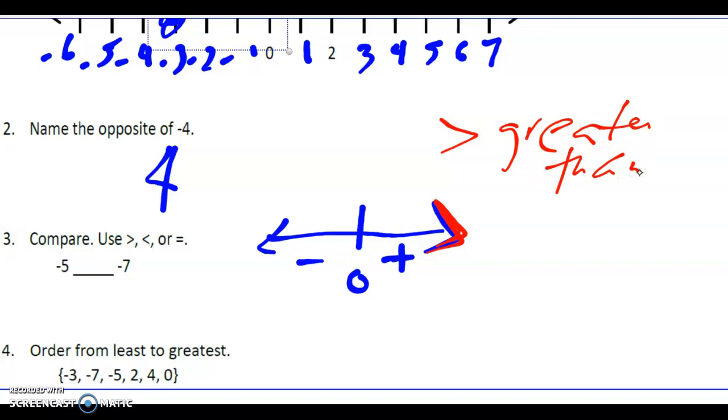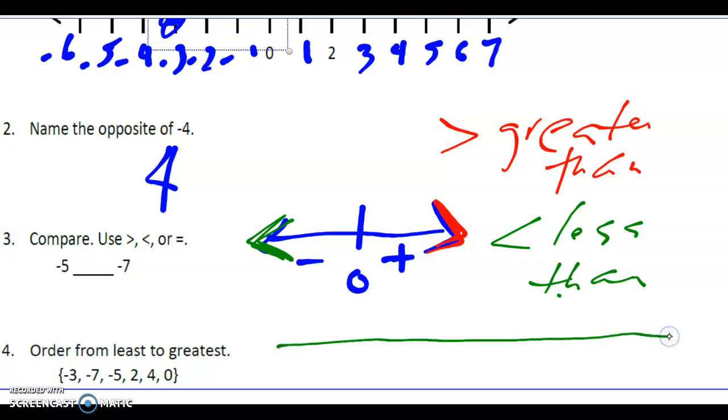When the inequality faces the negative side of the number line, that will be less than. And always remember on a number line, the further a number is from 0, the smaller it is.